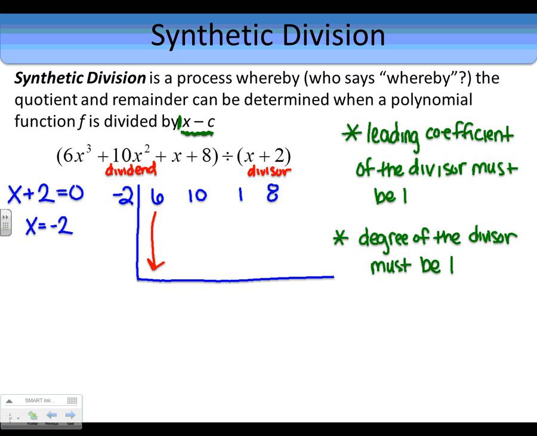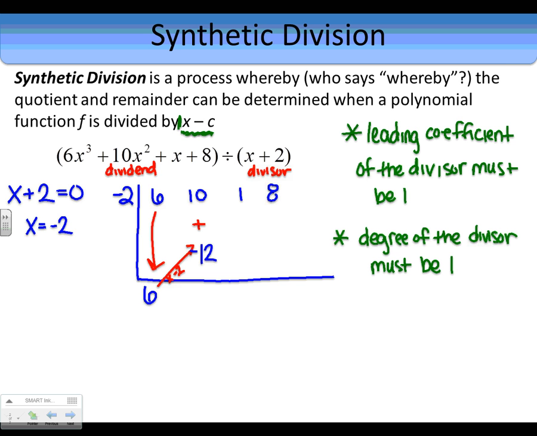So -2 times 6, I get -12, and that goes here. Then I'm going to take the 10 and the -12 that are now lined up, and add those together. So 10 plus -12 is -2.